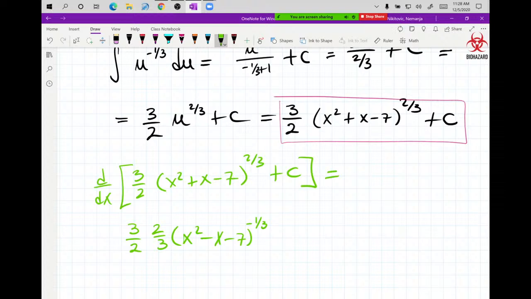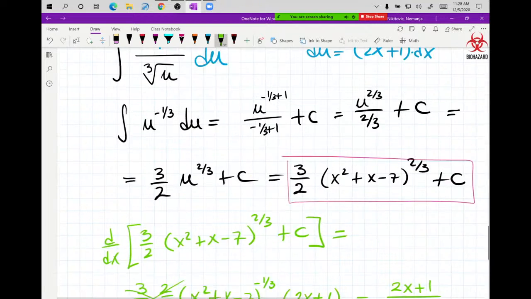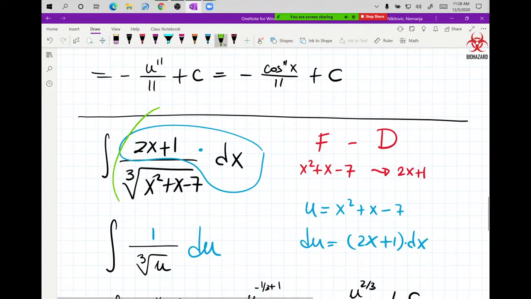It's a derivative. And then times the derivative of the inside, which is 2x plus 1. These guys cancel, and then you have your 2x plus 1 divided by the cube root of x squared plus x minus 7, which is exactly what we have, right, as our integral here.